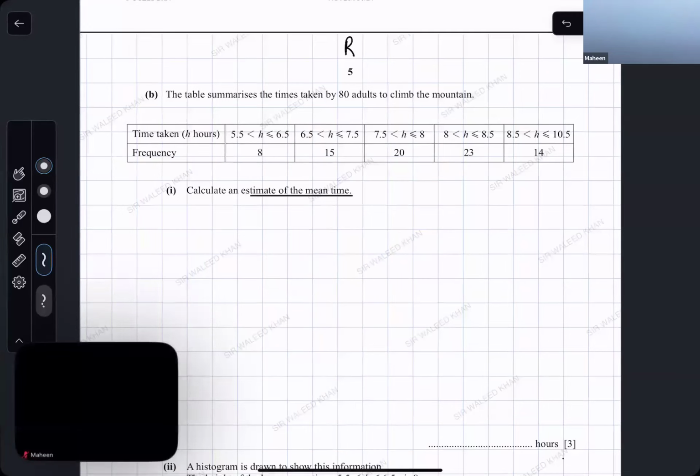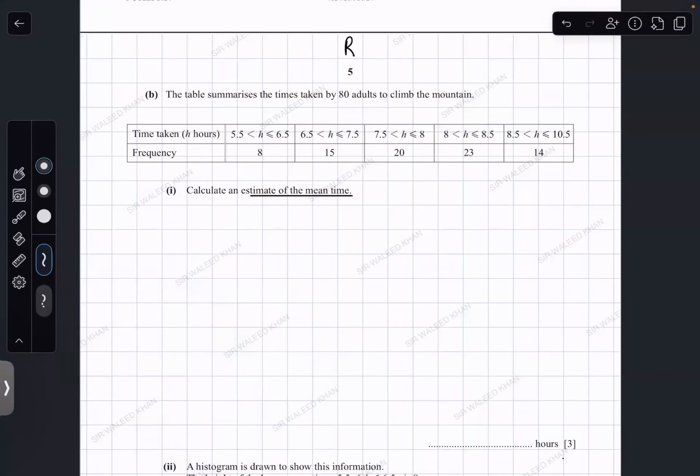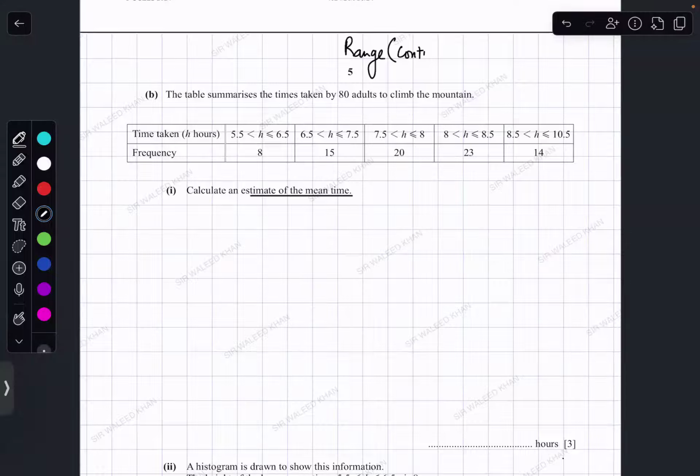Okay, whenever you have data in range form, which we call continuous data, such kind of range intervals, class intervals, whenever you have such kind of data and they ask you about a histogram, you draw a class width row.